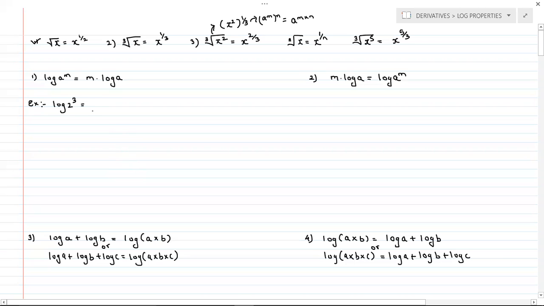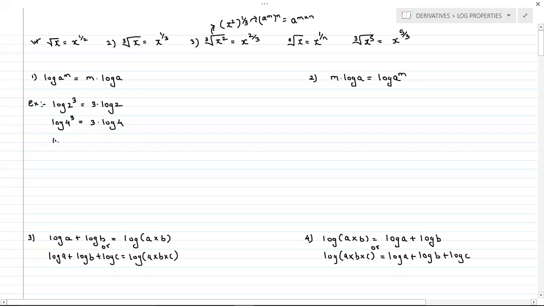So we can write it as 3 into log 2, where a is replaced by 2 and m is replaced by 3. We'll take one more example. If I say log 4 cube, it can be written as 3 into log 4. Understood?